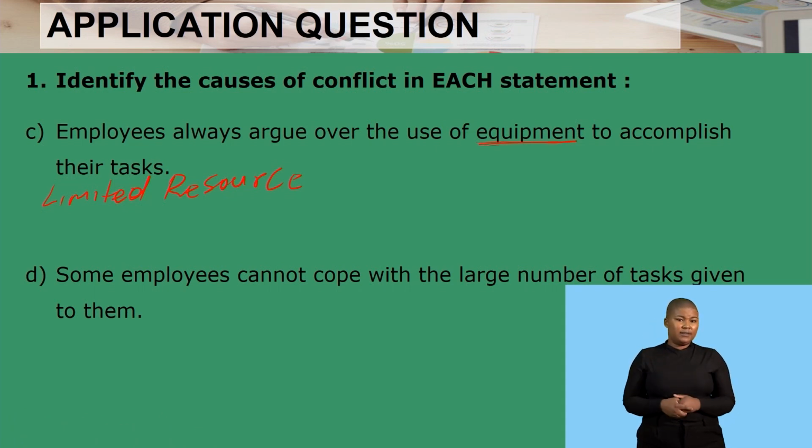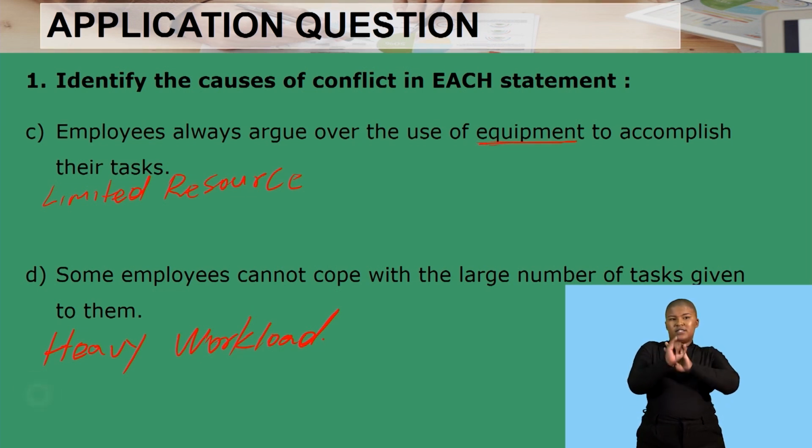Then some employees cannot cope with the large number of tasks given to them. This can cause conflict as well, and this is considered to be a heavy workload. So this is how you are expected to identify the causes of conflict in the workplace.